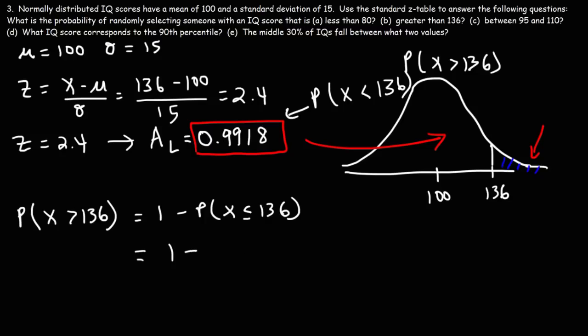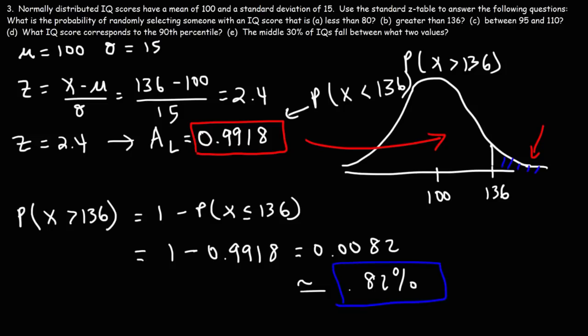So the answer is 1 minus 0.9918, and that's going to be 0.0082. So there is a 0.82% chance that a person selected at random will have an IQ score that's more than 136. So this is the answer to part B.